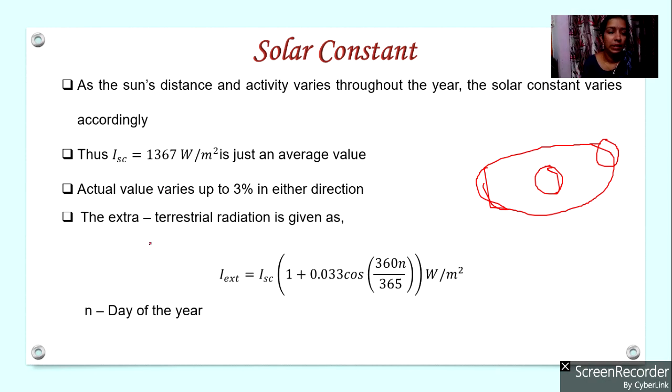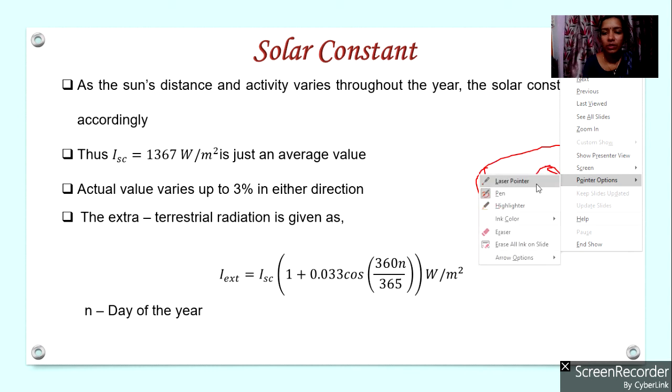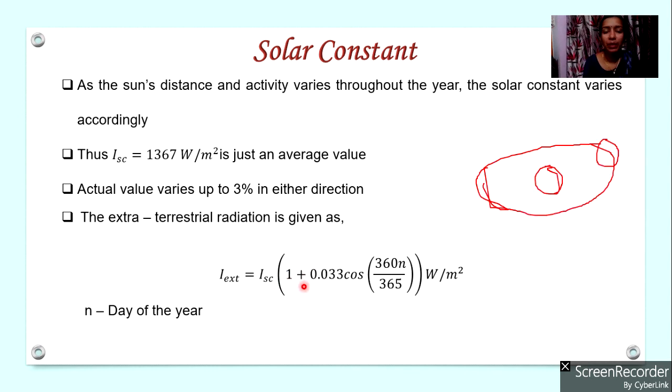Okay. So now there is an equation for extraterrestrial radiation. We know what extraterrestrial radiation is, and the extraterrestrial radiation is expressed in terms of solar constant as IEXT, that is extraterrestrial radiation, equals solar constant into 1 plus 0.033 into cos 360 N divided by 365 watt per meter square.